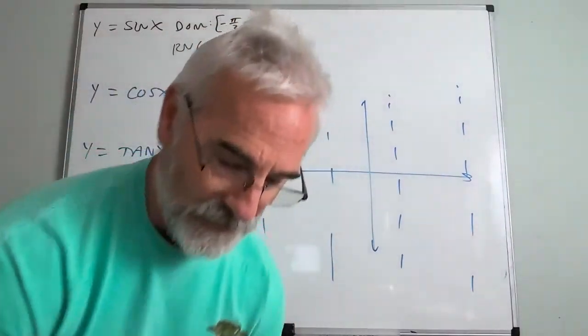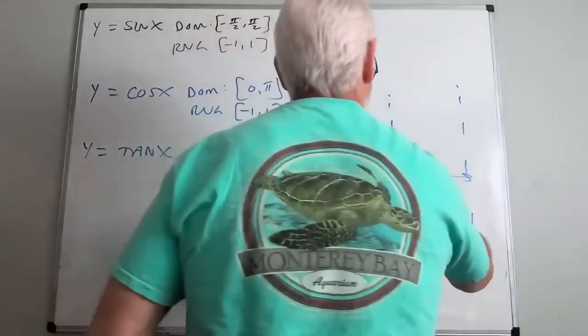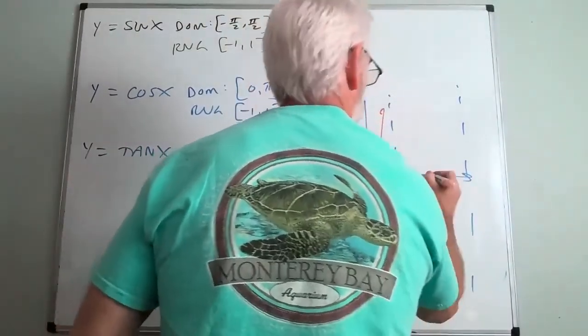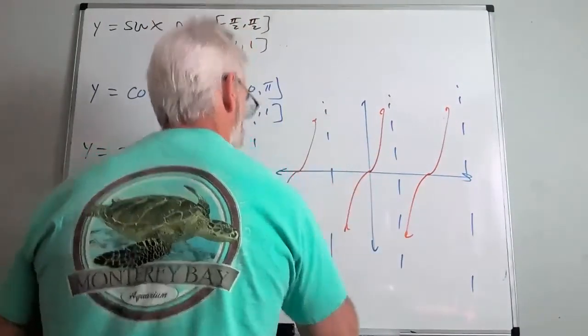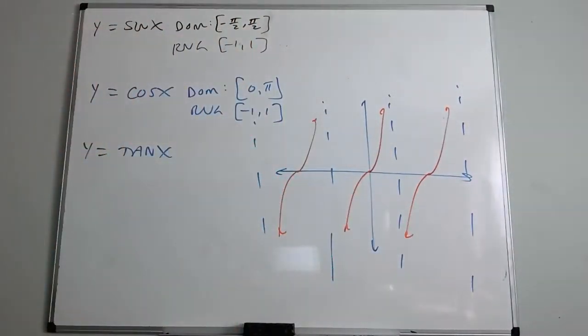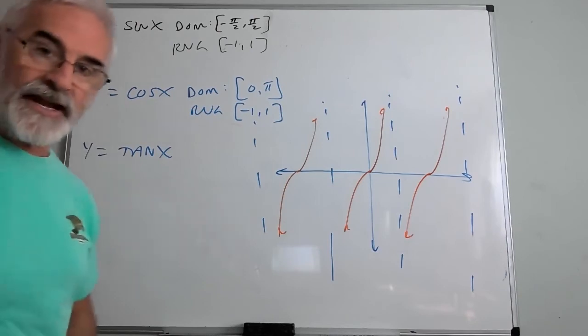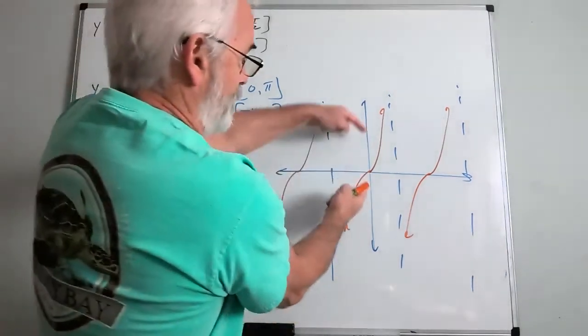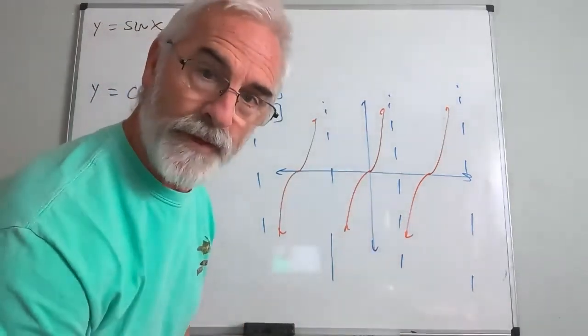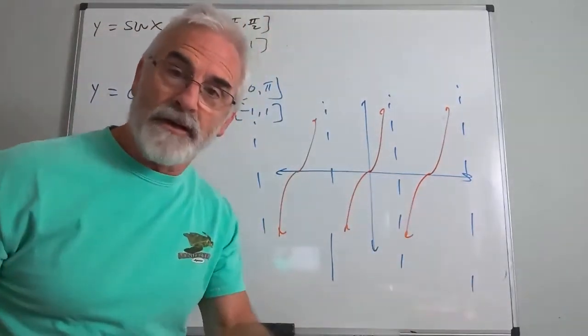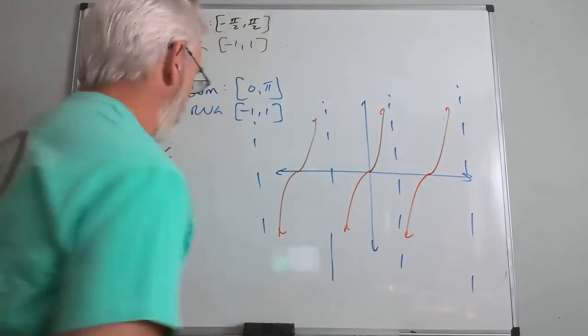So the tangent function goes on forever and ever. Now, the one wonderful thing about the tangent function is that the range of the tangent function is all real numbers. You get the whole number line. When you enter something, a tangent of an angle, any real number is fair game.